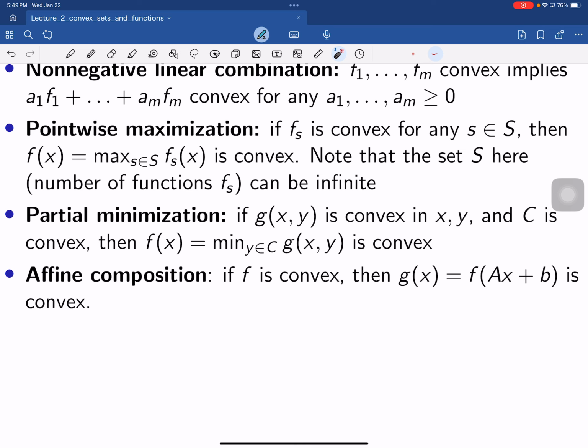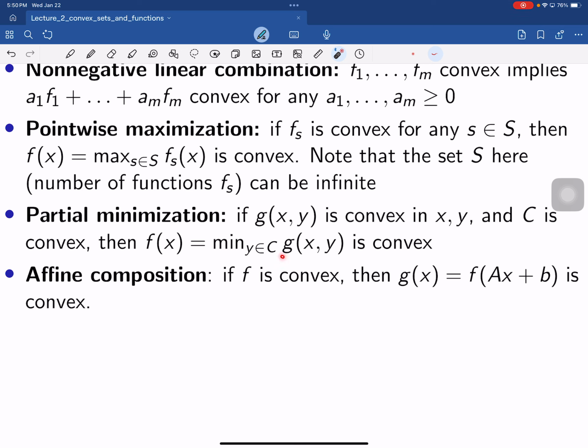So now let's consider this function f of x, which is itself defined as an optimization problem. So g of x and y is convex, and then you are basically solving a convex optimization problem to get the function value of f(x), right?